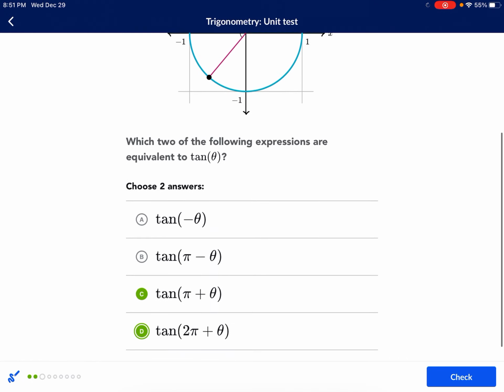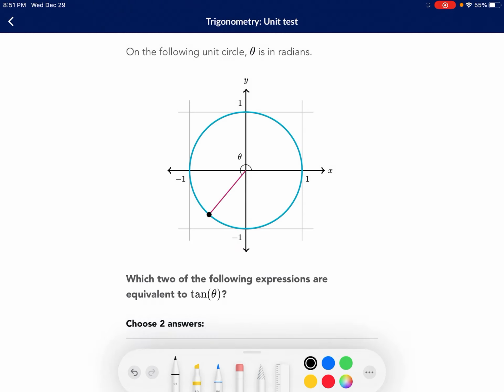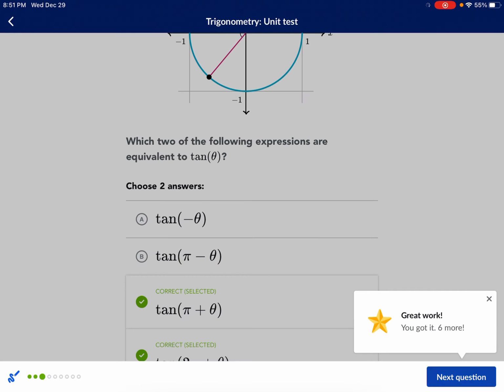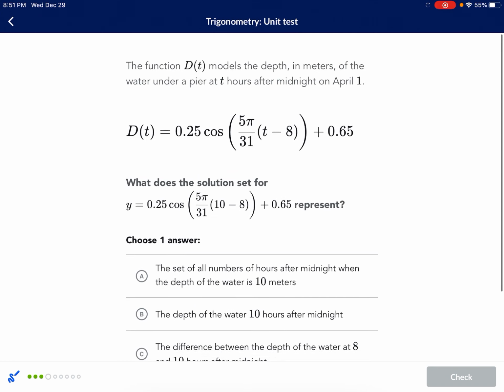Nope, not B. At least C and D has to be. Pi plus theta, pi plus theta. That looks good. And 2 pi is just the same.